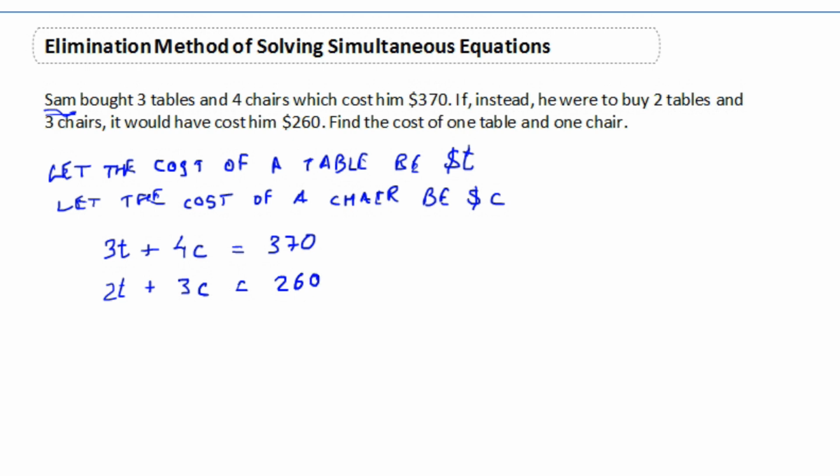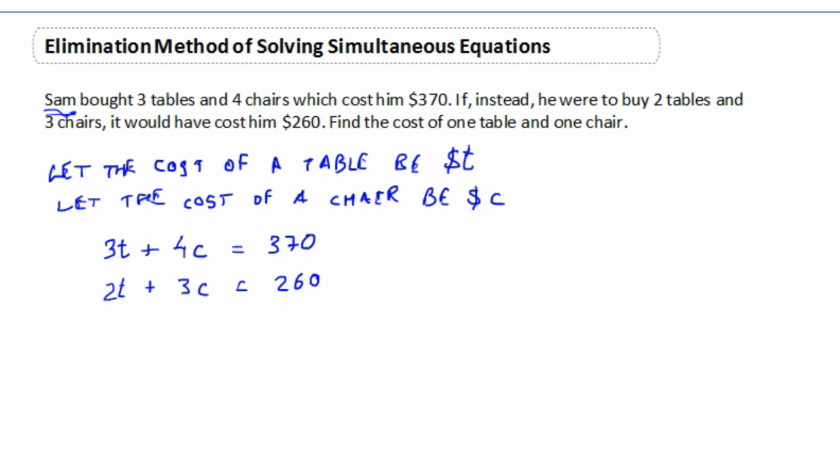Now what can we do? Well, there are a couple of options that we have. I'll put all the options in front of you, and then we'll choose what seems to be the best. So one is that to eliminate, all the coefficients are different, so I can't do anything. If I want to eliminate the variable c, I've got 4 and 3 as the coefficients of c. Now the LCM of 3 and 4 is 12.